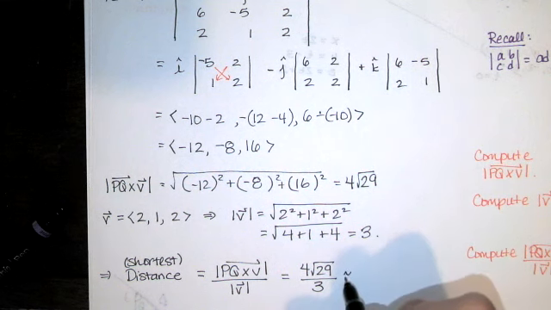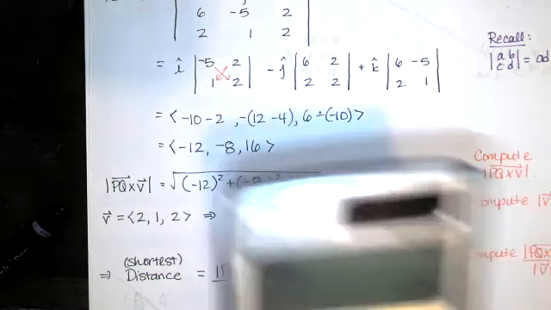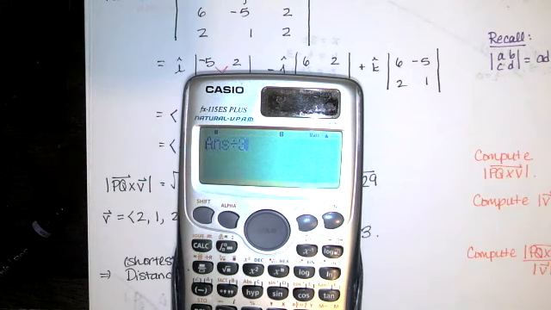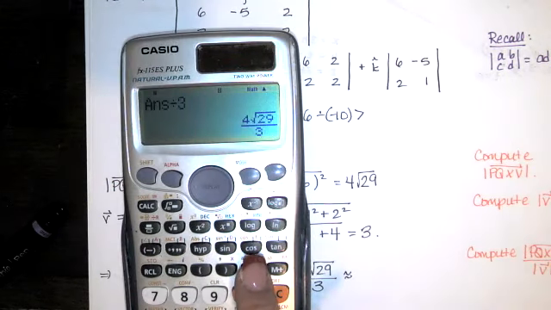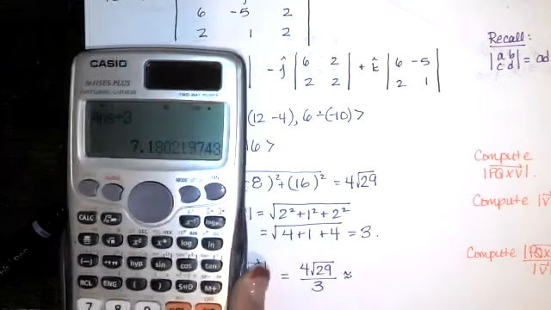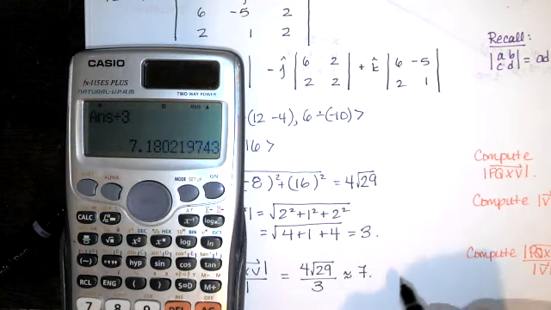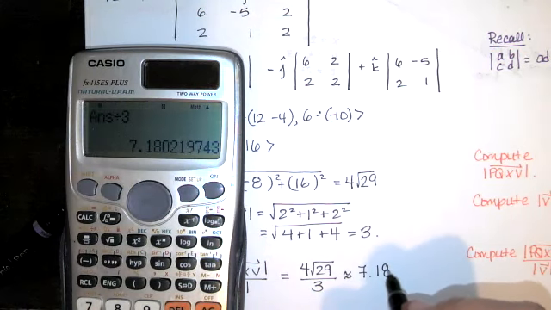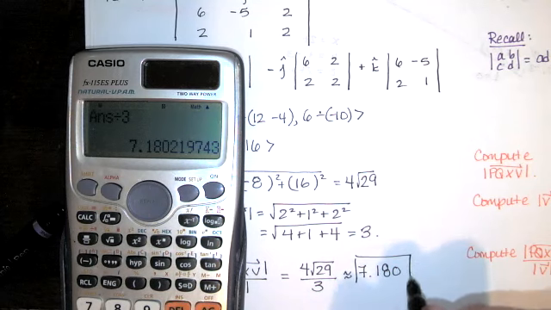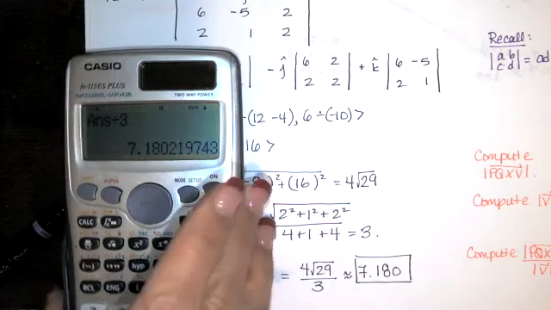Now they want us to round to 3 decimal places. So I've already got that in there. I'll divide by 3. And then I just use this SD button on my Casio calculator. It's going to be 7.180 approximately as our distance.